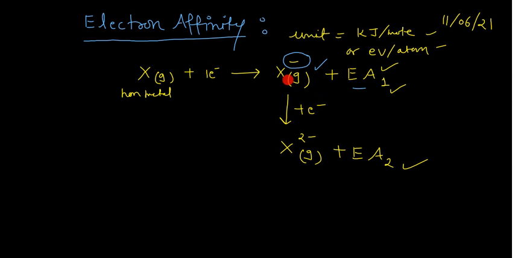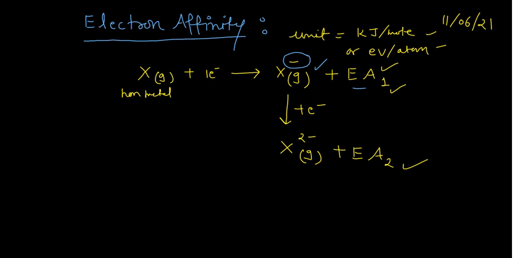The extra electron present in it will repel this particular electron. During this electronic repulsion, X- will not readily accept the electron. We have to overcome these repulsive forces between the electrons in order to add this electron to it.